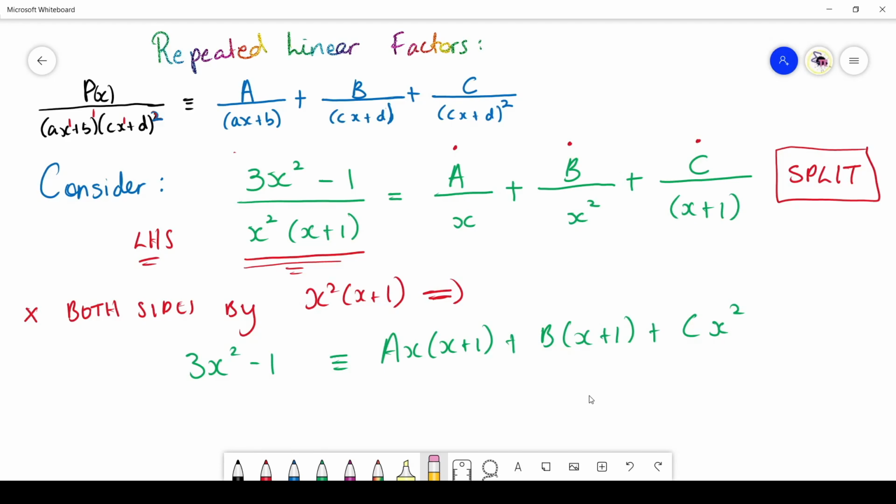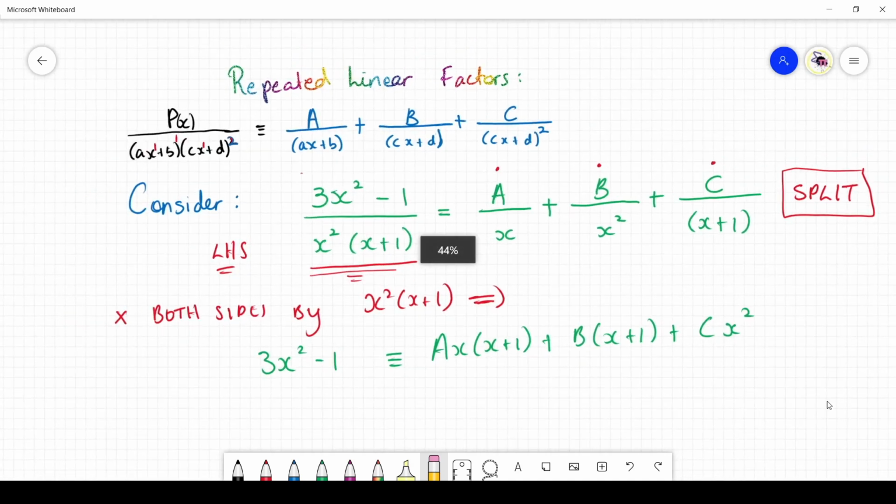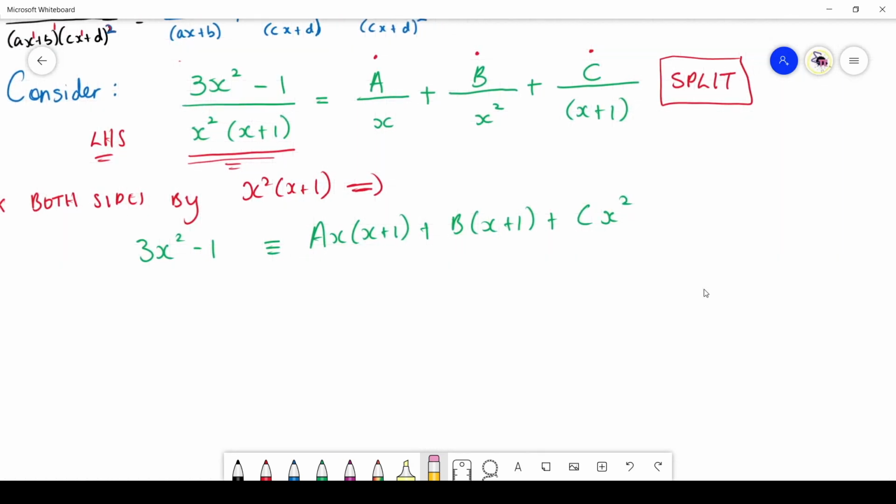But after you multiply both sides, each individual fraction on the right-hand side by that denominator, this is what you would end up with. Now, previously, I showed you a method where you can observe the factors present in your original denominator. So this is our method 1 that I showed you guys, right?